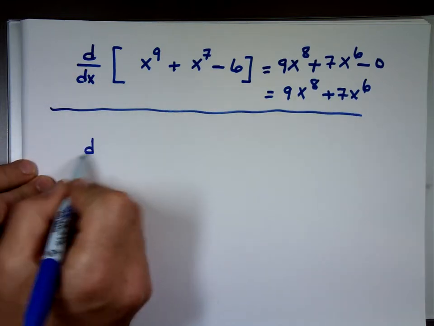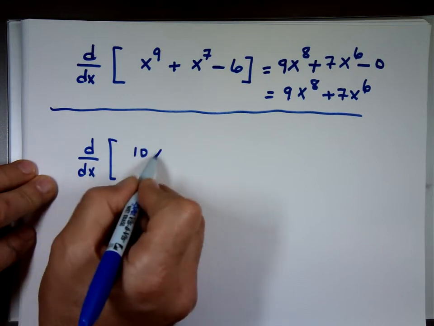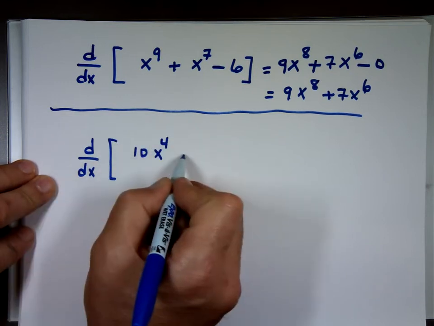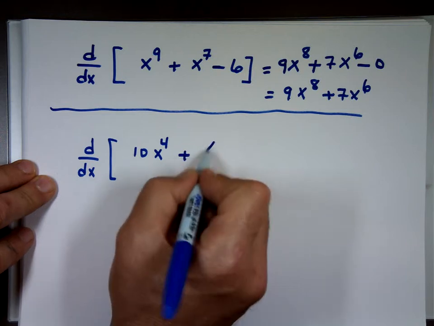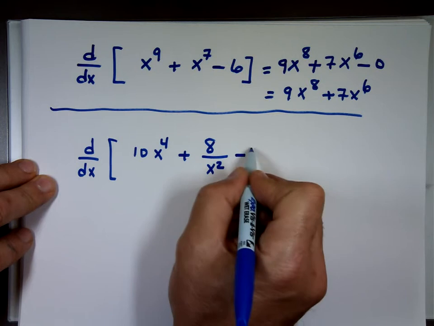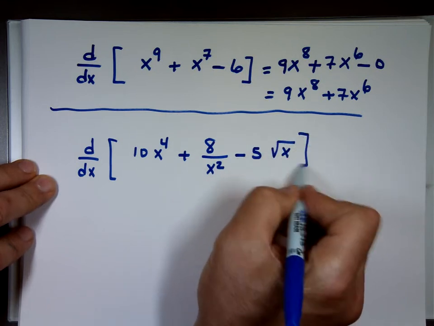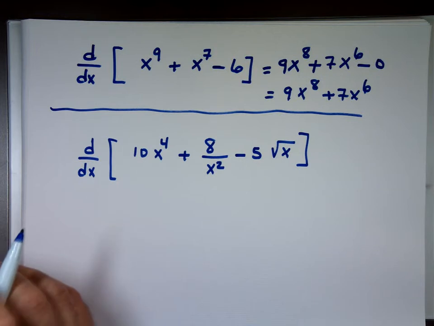What's the derivative of 10x to the 4th plus 8 over x squared minus 5 times the square root of x?